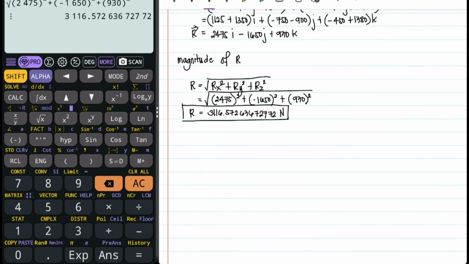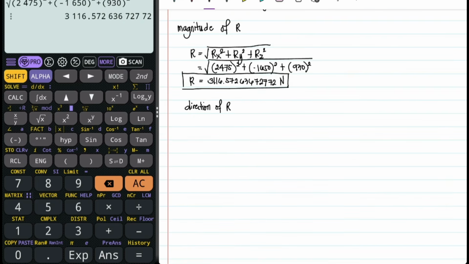Now, having calculated the magnitude of our resultant force, we can now solve for the coordinate direction angles. So we have alpha is equal to arc cosine of 2475 divided by 3116.57263672772.